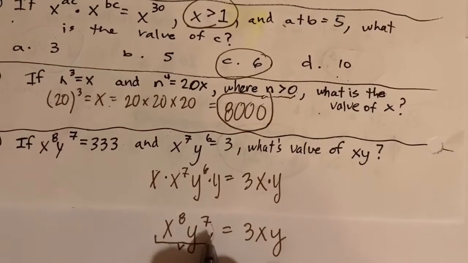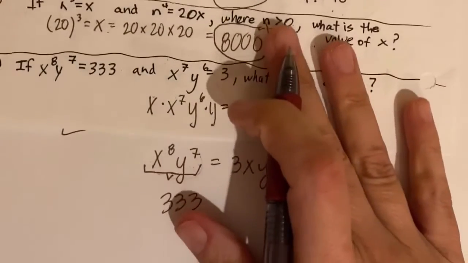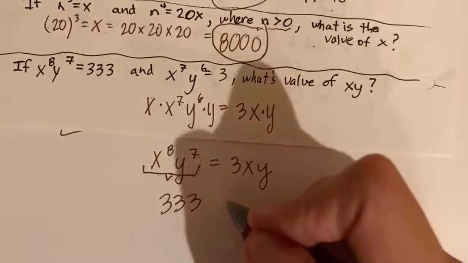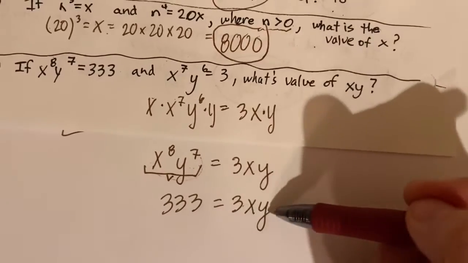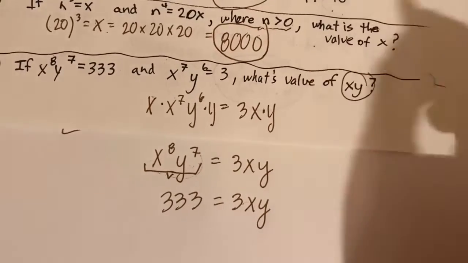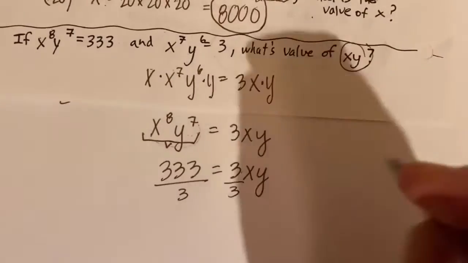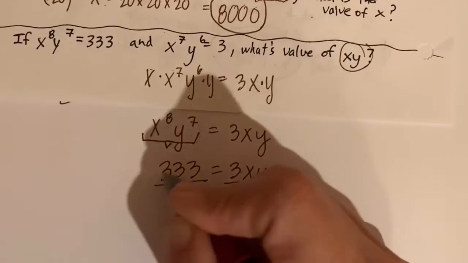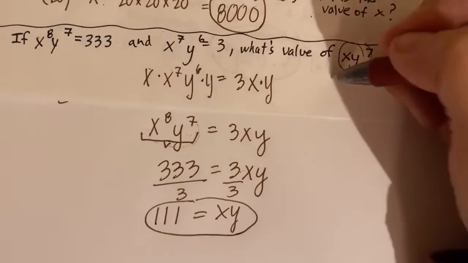So this is equal to 333. So I substitute in for that stuff. And I almost have, when they say solve for xy, that means get xy by itself on one side. So I'm almost there. If I divide by 3 on both sides, I get xy has to equal 111. So that's my answer.